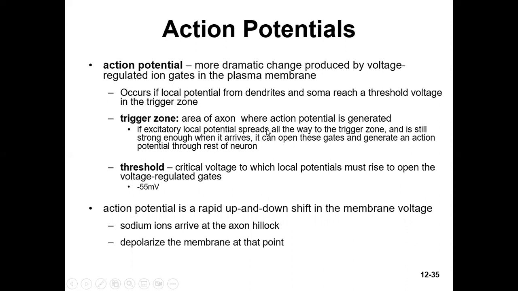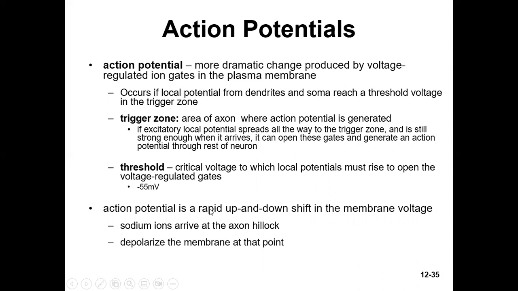If excitatory local potential spreads all the way to the trigger zone and is still strong enough when it arrives, it can open these gates and generate an action potential through the rest of the neuron. When we talk about action potentials, we have to talk about that threshold. This is the critical voltage to which local potentials must rise to open the voltage regulated gates. And this will happen around negative 55 millivolts.